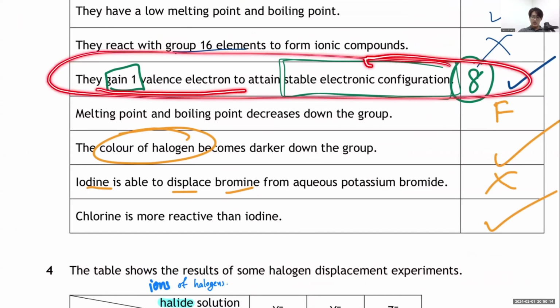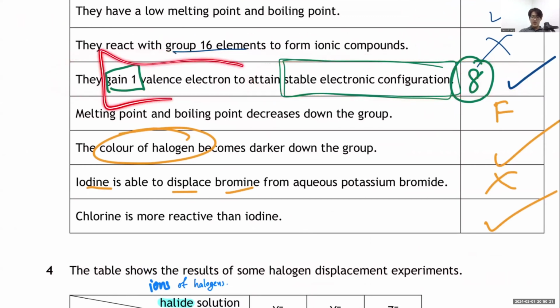Halogens gain one valence electron to attain stable electronic configuration. When they gain one valence electron, what charge? Electron, what charge? Negative.